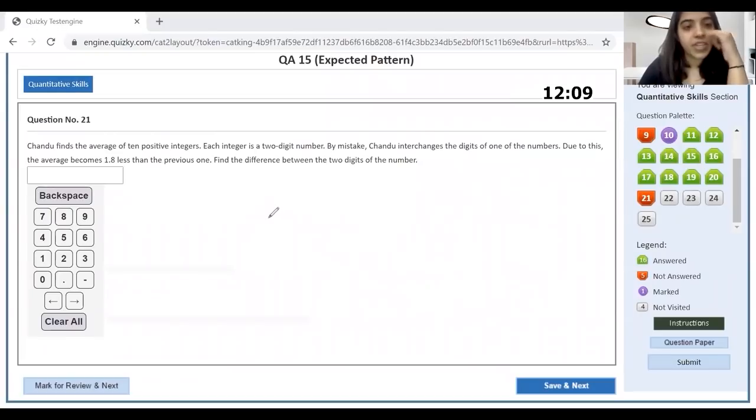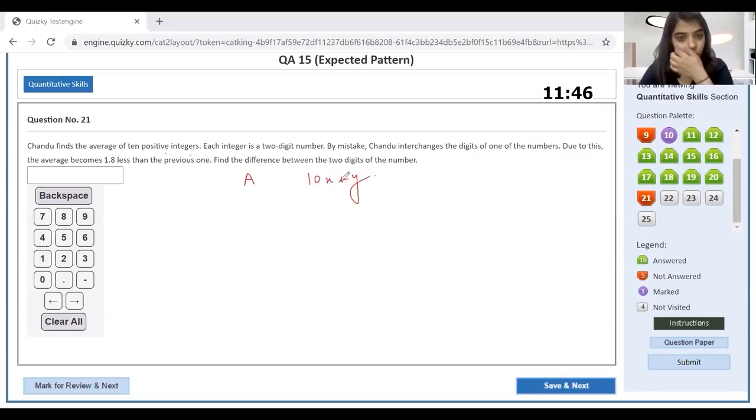Okay, Chandu finds the average of 10 positive integers. Each integer is a 2-digit number. He interchanges the digits. Due to this, the average becomes 1.8 less than the previous one. Fine. So let's assume there are 10 positive integers, right? Let's assume the sum of the 9 that are counted correctly is A, and the next number that we are counting is 10x plus y.